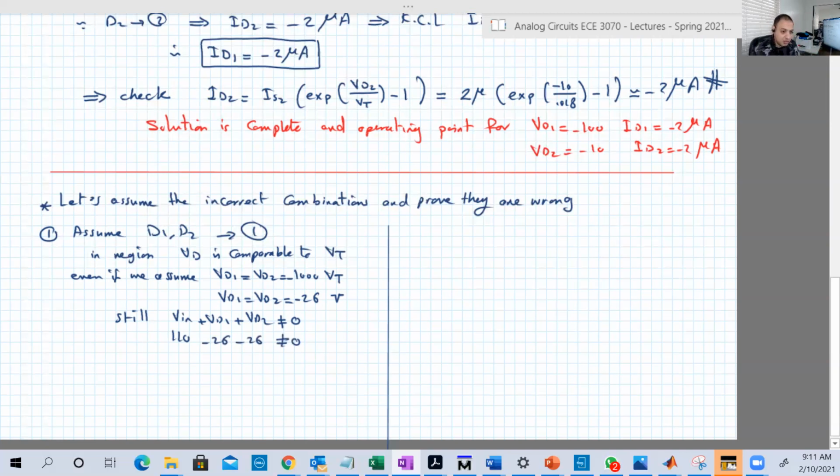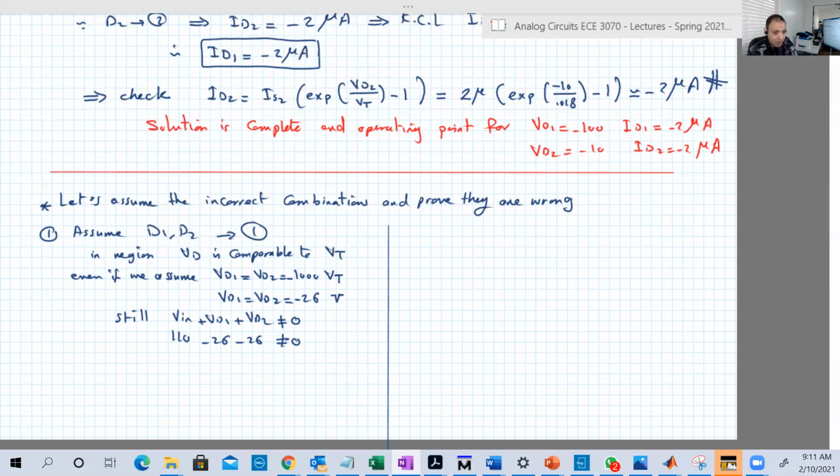Even with 90. In region 1, basically, D1 and D2 cannot reach even minus 1,000 or even minus 10, it will be much smaller than this. Let's say even with 10. If VD1 is 10 VT, it is 0.26 millivolt, and the other one will be 0.26 millivolt.